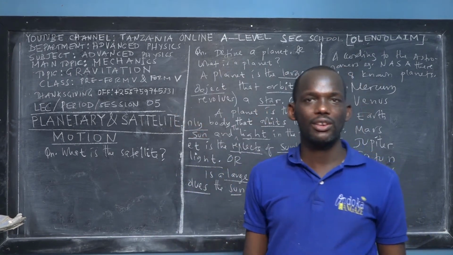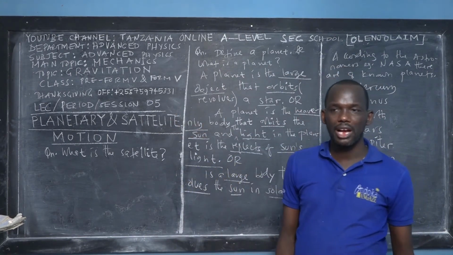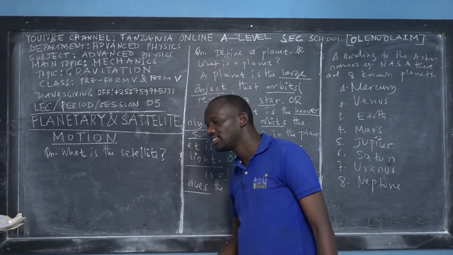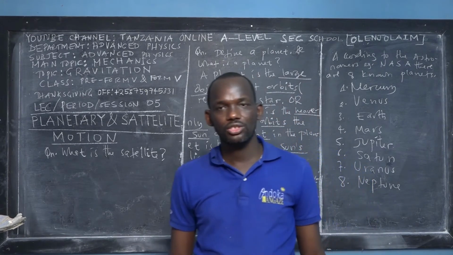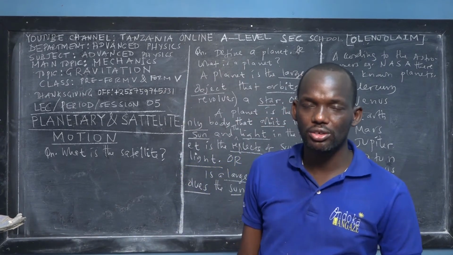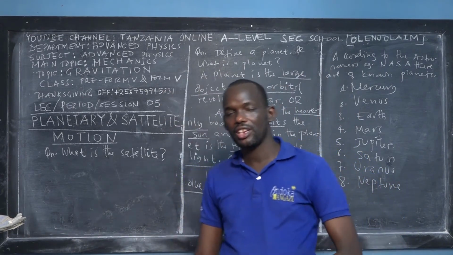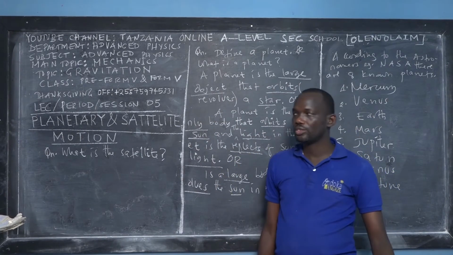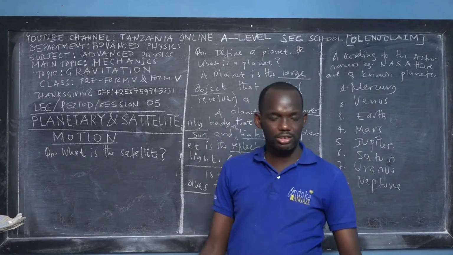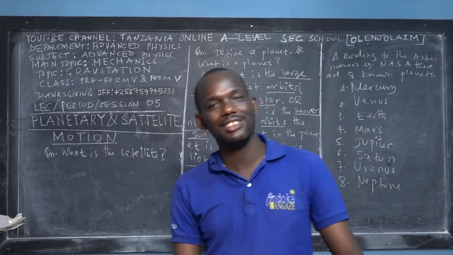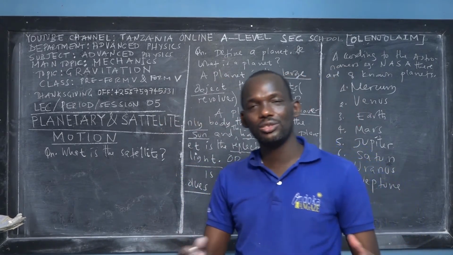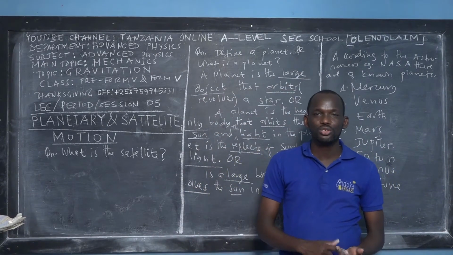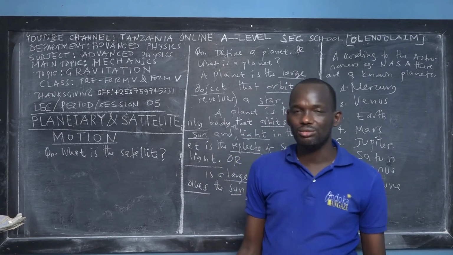For instance, if you have a smartphone, we have a good example of an application of the satellite, which is GPS, the Global Positioning System. That is a satellite, because it is used to determine the location or the place where you are, in latitude, longitude, and altitude.